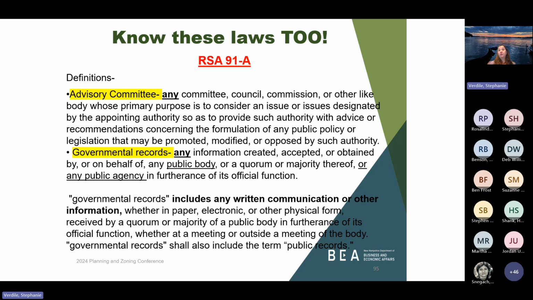So that would be a planning board. Governmental records is any information created, accepted, or obtained on behalf of any public body. Governmental records include any written communication or other information, whether that's paper submitted, electronic via email, or another physical form. That is what's considered a governmental record.